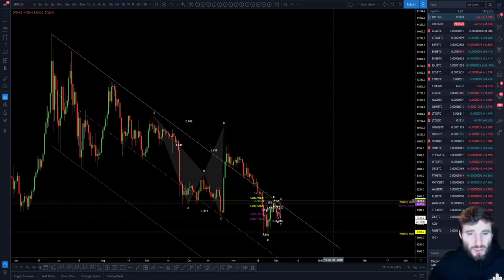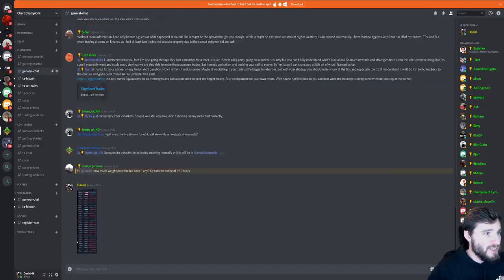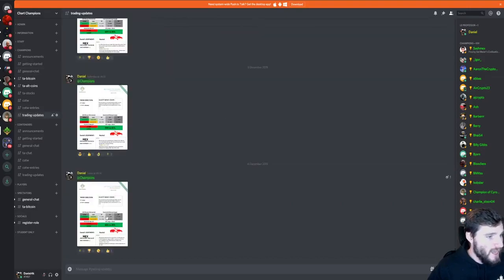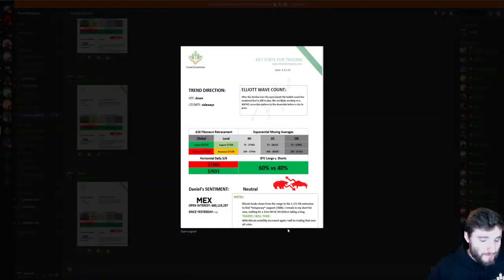So for shorts, you can be aggressive. But on longs, you really want to be conservative and only trade the longs when there's a bit of a trend change. Like today, in the trading updates, I was on about the temporary support you found around there, and remaining conservative on the shorts. I will only take a long after it's changed market structure.